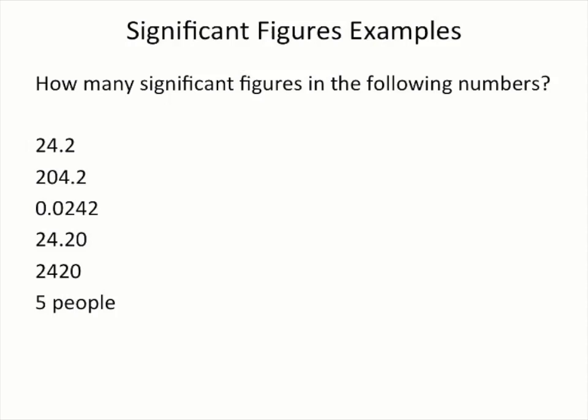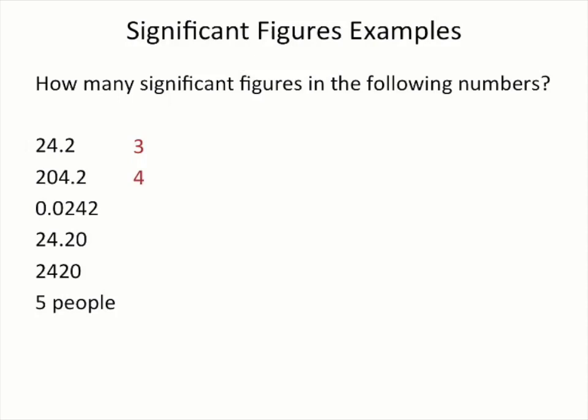Okay, so the number 24.2 has 3 sig figs in it because all of these numbers are non-zero, so by rule number 1 there's 3 sig figs. If you go to 204.2, well, that 0 is sandwiched in between 2 non-zero numbers. That makes it significant, a total of 4 significant figures.